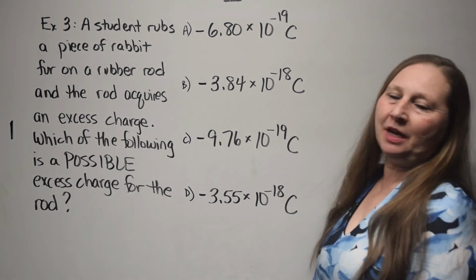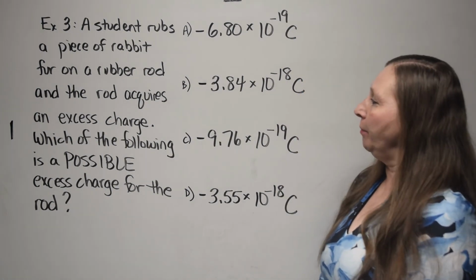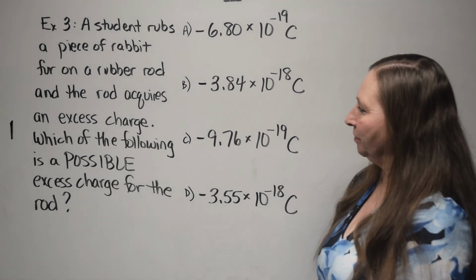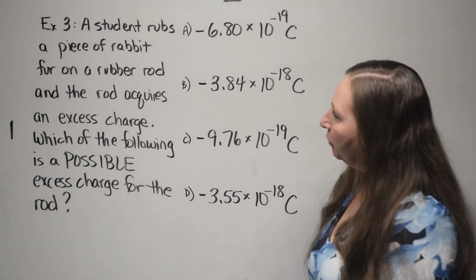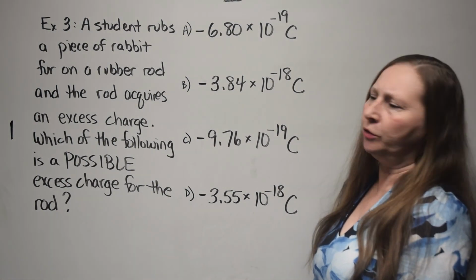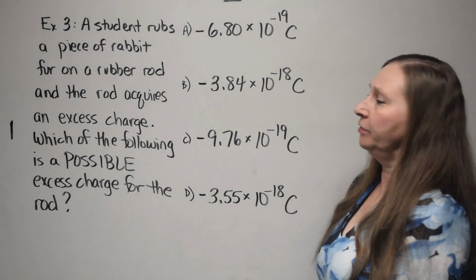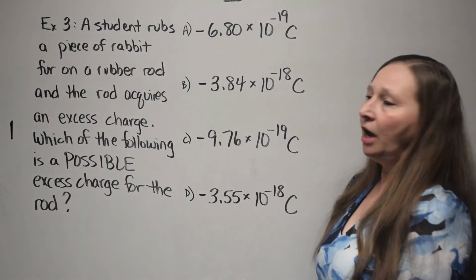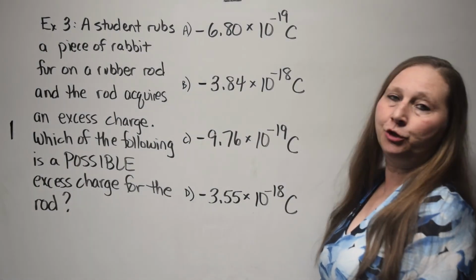A student rubs a piece of rabbit fur on a rubber rod, and the rod acquires an excess charge. So we know that in this case, the electrons move from the fur to the rod. The rod will be negative, the rabbit fur will become positive. So the rubber rod has acquired an excess negative charge.